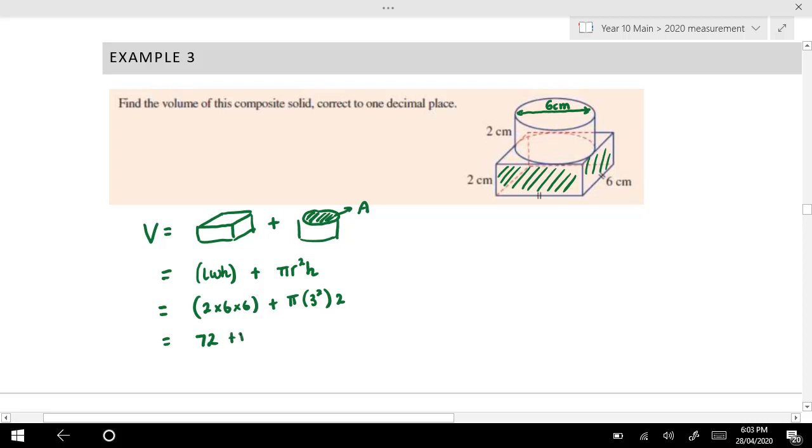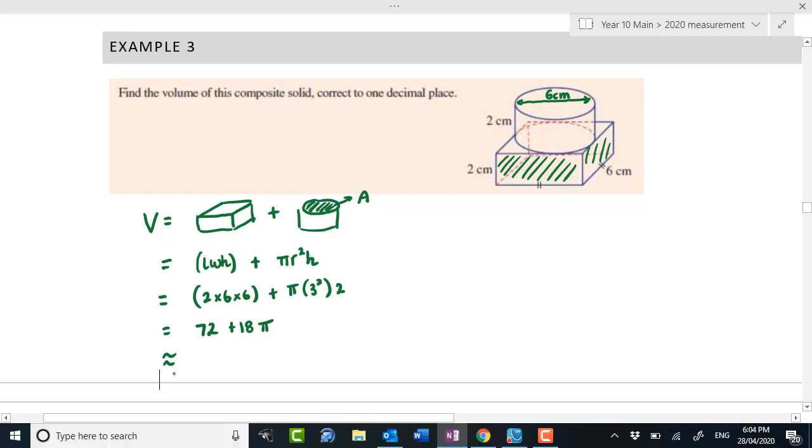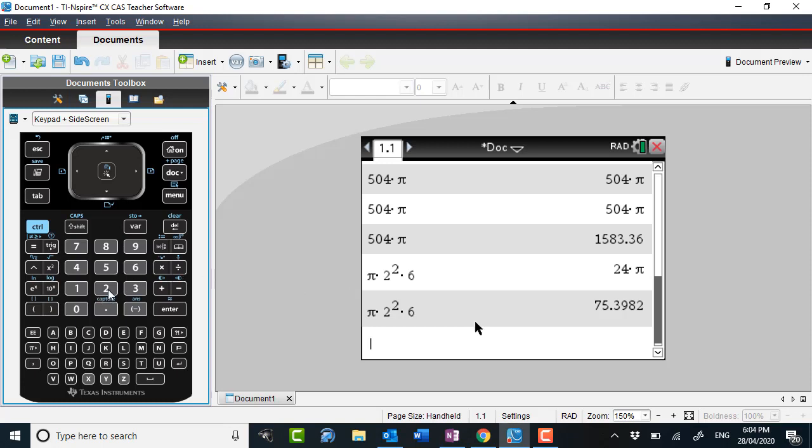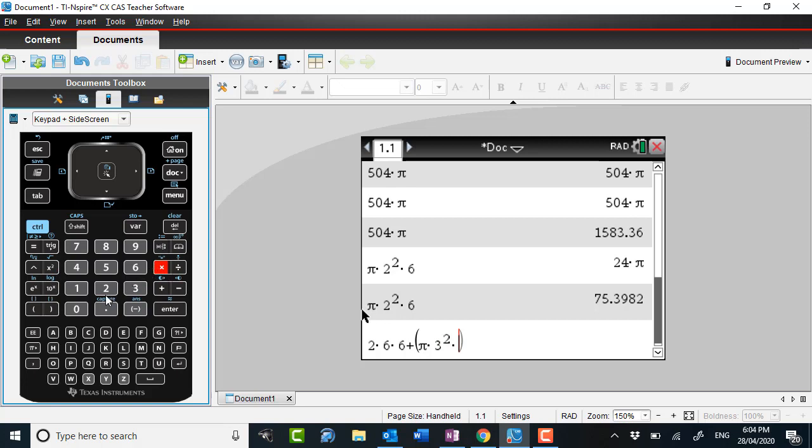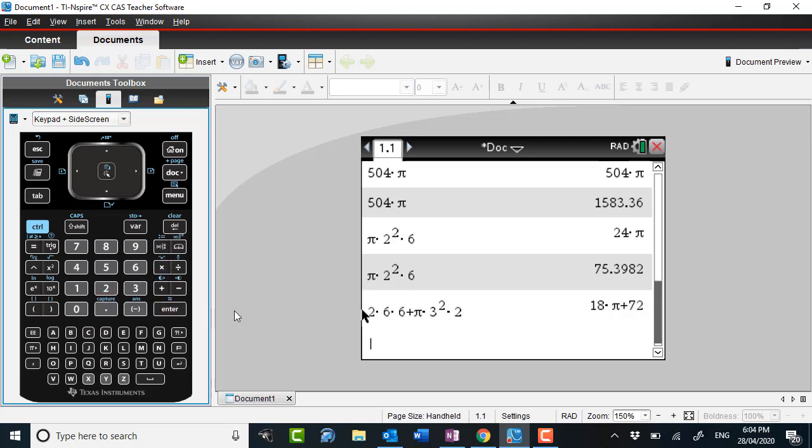Now let's do that exactly, picking up a calculator. Hopefully you can do the same. If you put that in the calculator, it'll give you 72 plus 18 pi. You'll need to get it in decimal. So we've got 2 times 6 times 6 plus, you could use brackets if you like, pi times 3 squared times 2. 18 pi plus 72.